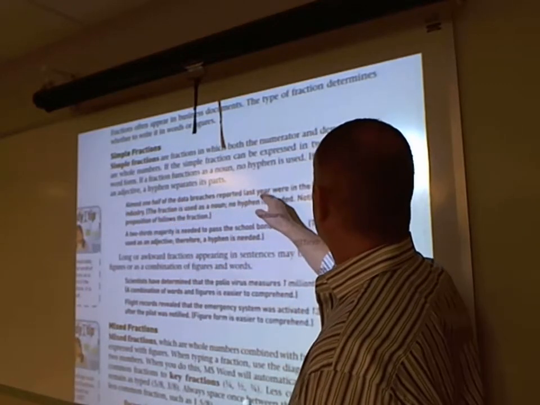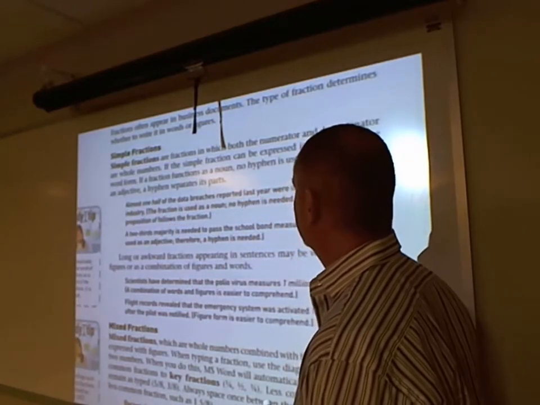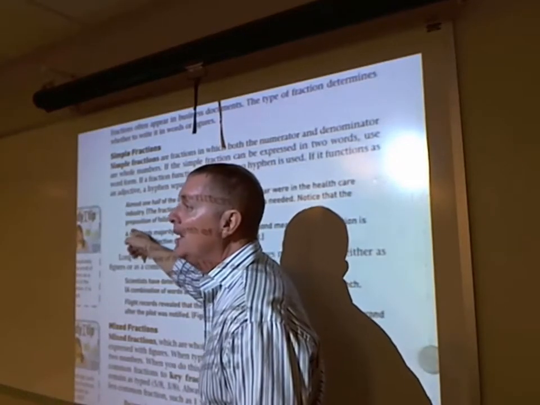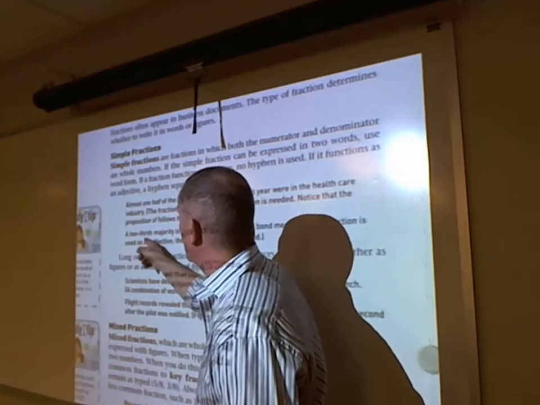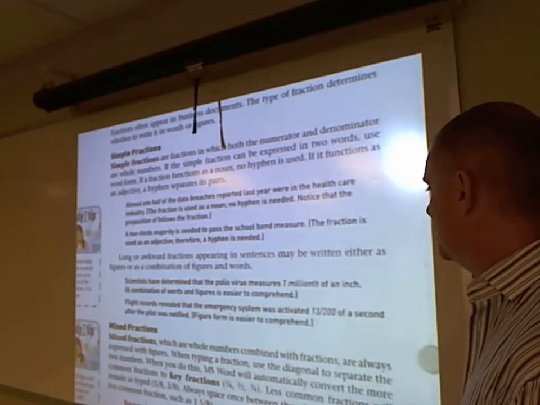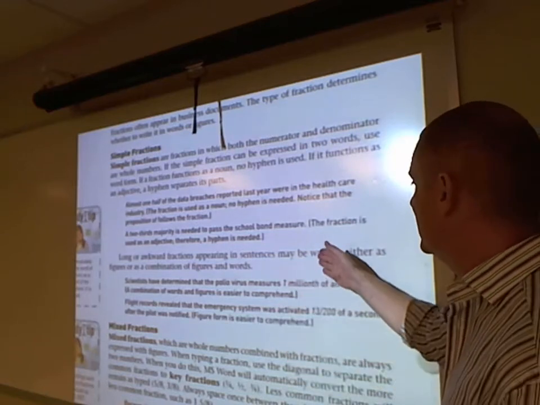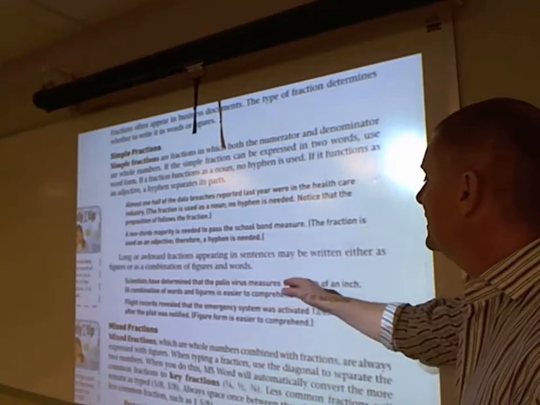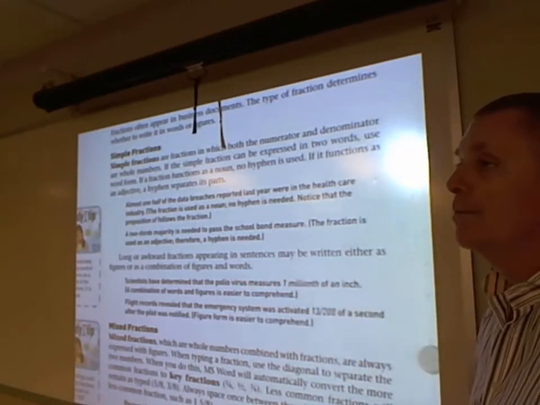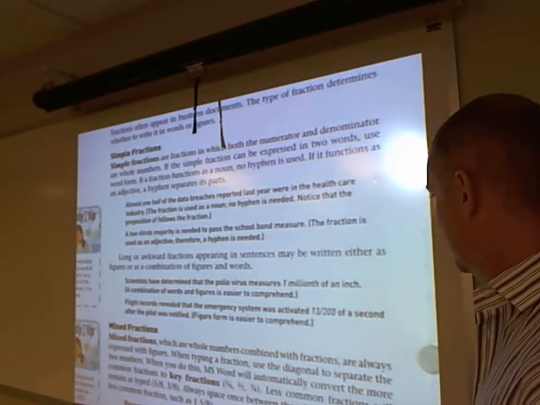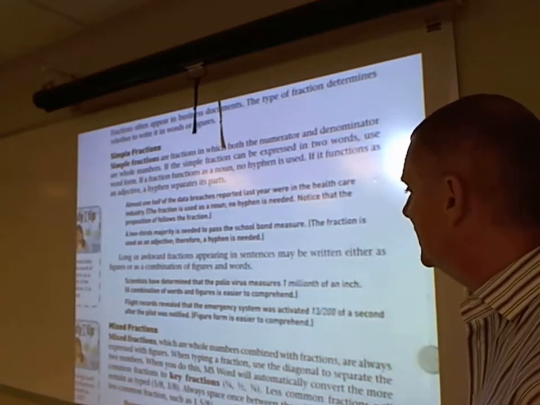Long awkward fractions can be changed, especially if you get into the millionths or a large number, then convert it to a figure and then use the word millionth of an inch. 13/200ths of a second. With mixed fractions, keep those fractions consistent. Here's those that are used automatically in Microsoft Word.